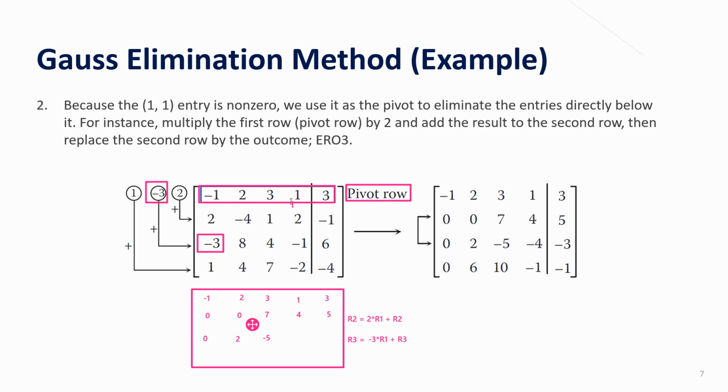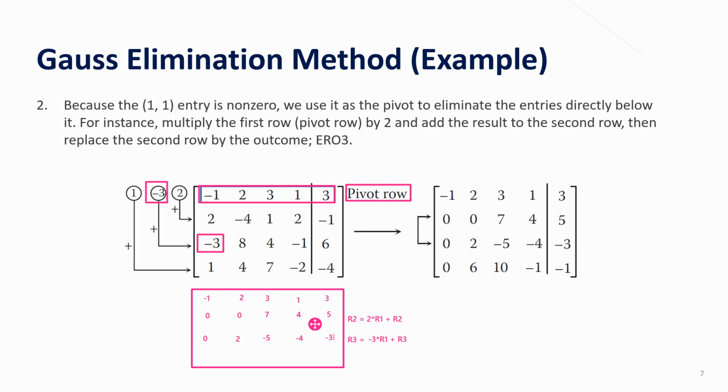Then 1 multiplied by minus 3 plus minus 1 is minus 4. And 3 multiplied by minus 3 is minus 9 plus 6, which is minus 3. Okay, so we have successfully eliminated this.